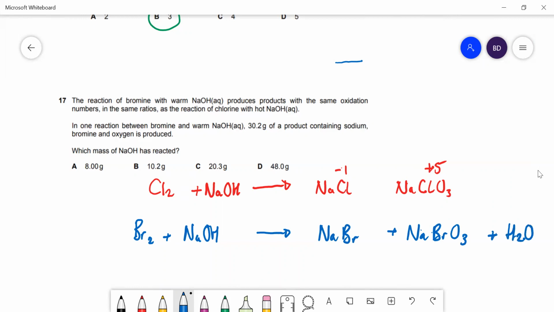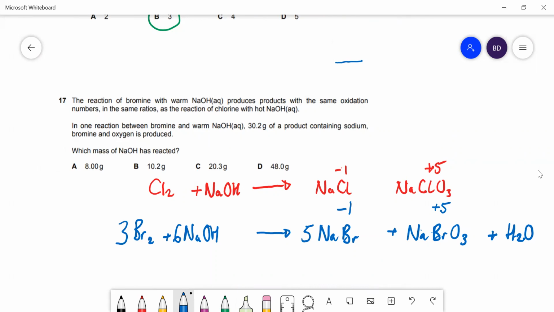Now to balance that, because you've got a -1 oxidation state and a +5 oxidation state, they're going to react in a 5-to-1 ratio. So you're going to get 6 NaOHs. You're going to make 5 NaBrs, and you're going to make 1 sodium bromate 5. So we need to balance that there.